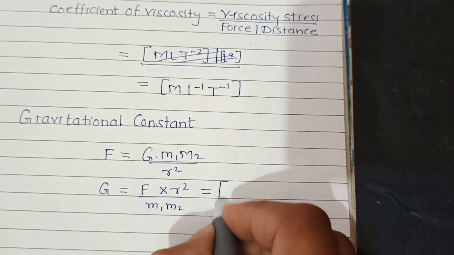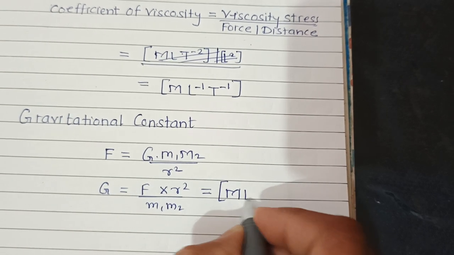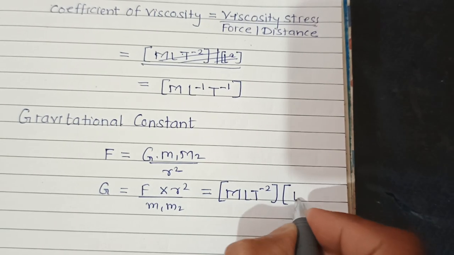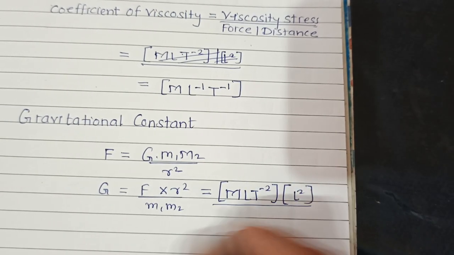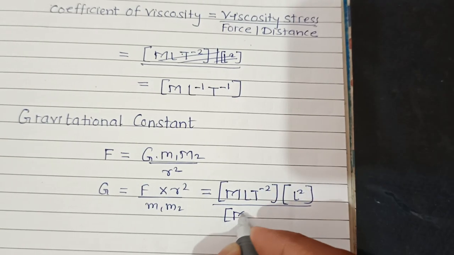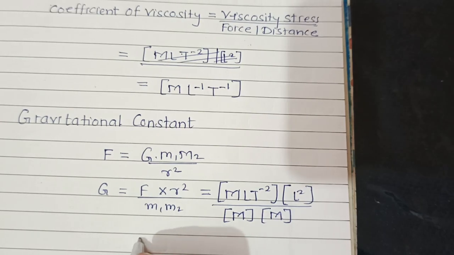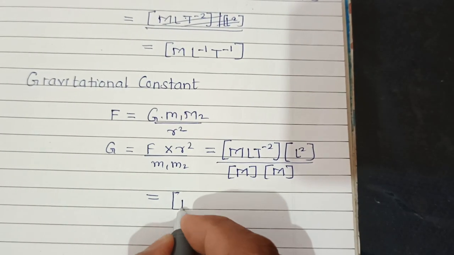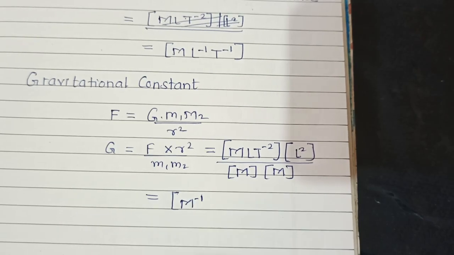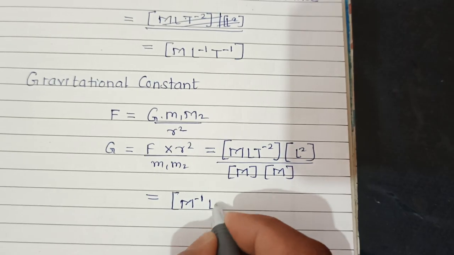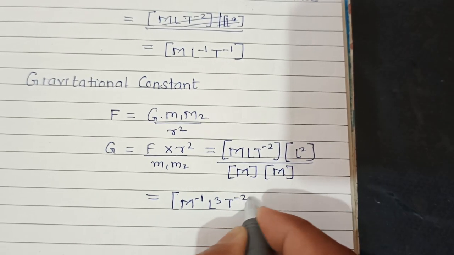The dimension of force is ml t minus 2 and r is L square and m, and this is also m, so 1 is cancelled out, so that is m, so ठीक है, L cube t minus 2.